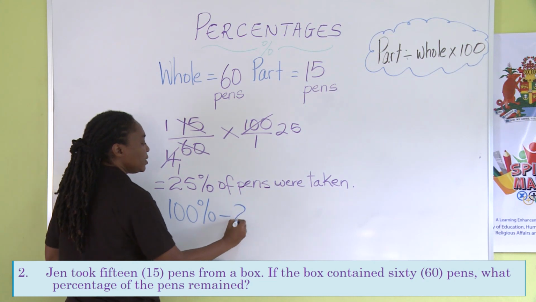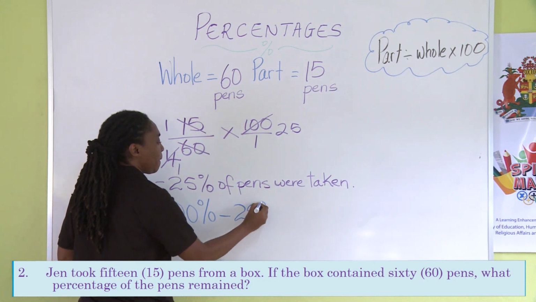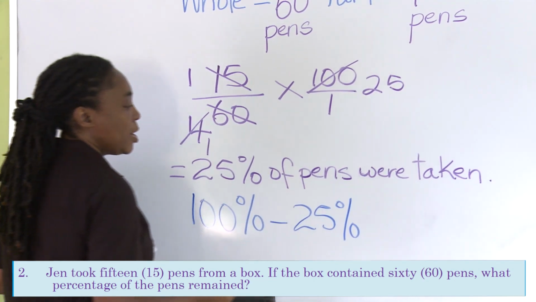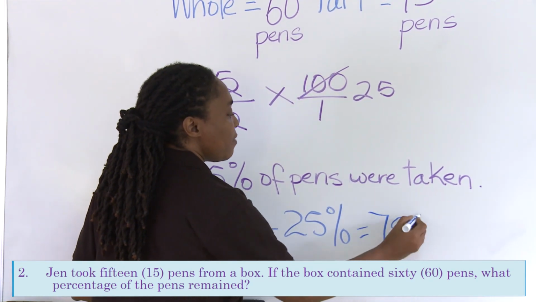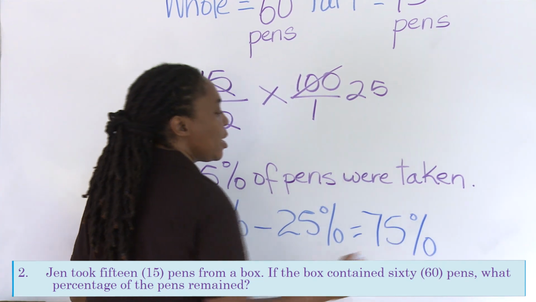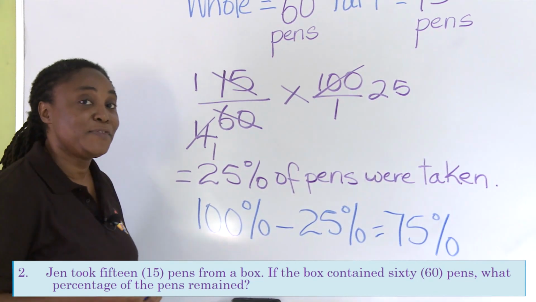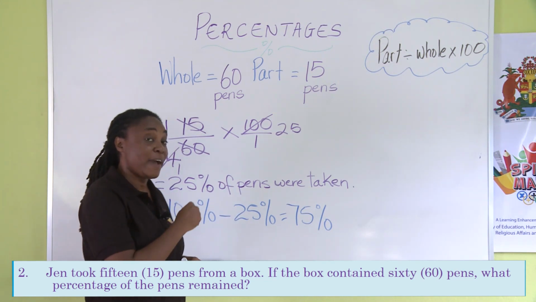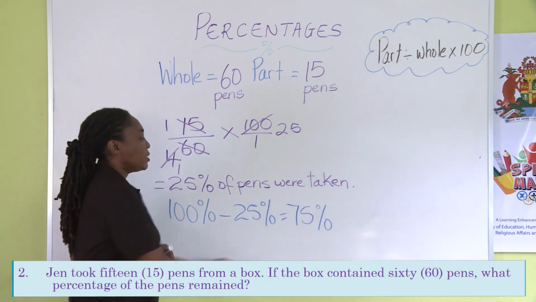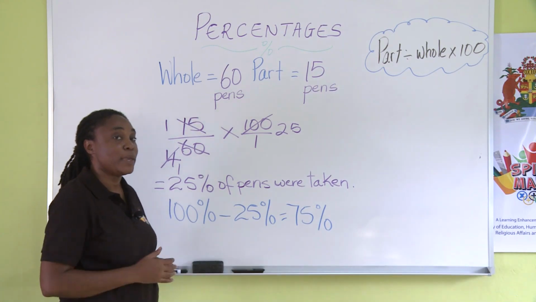Jen took 25%. So therefore we are left with 75%. So after Jen took 15 pens from the 60 pens, we had 25% taken, and now 75% of the pens remain.